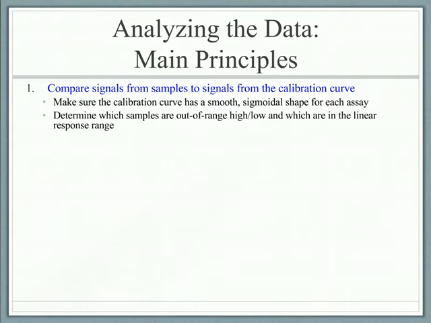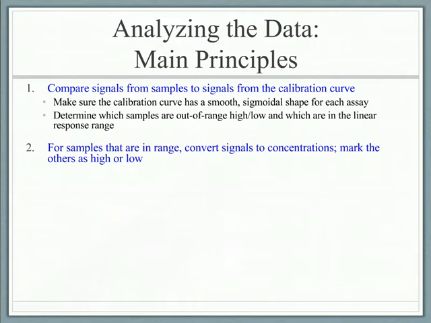So what is the limit high and the limit low, and then you compare your samples to the calibration curve, noting those that are out of range high or out of range low, and the ones that are in the response range, those can be converted to concentrations through solving for an equation for the curve and then converting signal to concentration. And then it's valuable to calculate the CVs between the triplicates using the values from the concentrations after conversion from signal to concentration.